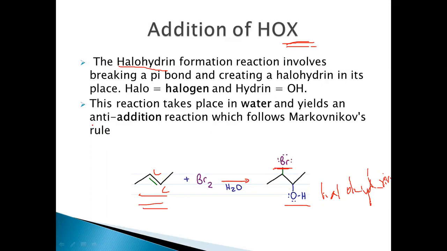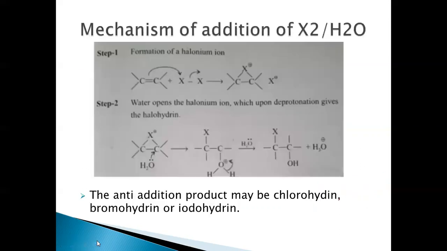So an anti-addition reaction takes place here, and if this takes place in unsymmetrical molecules, we observe that it follows Markovnikov's rule. So what is this Markovnikov's rule? This says that the negative part of the addendum goes to the carbon with fewer hydrogens. Let's see this in detail in further slides.